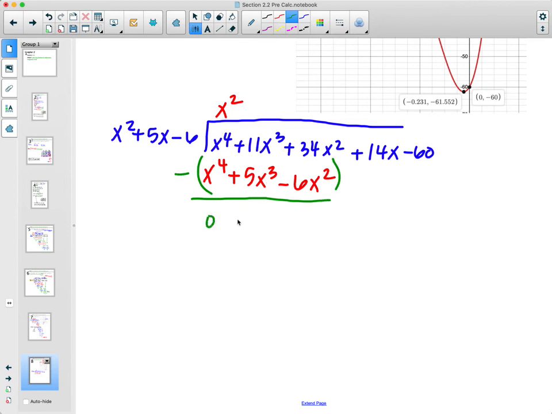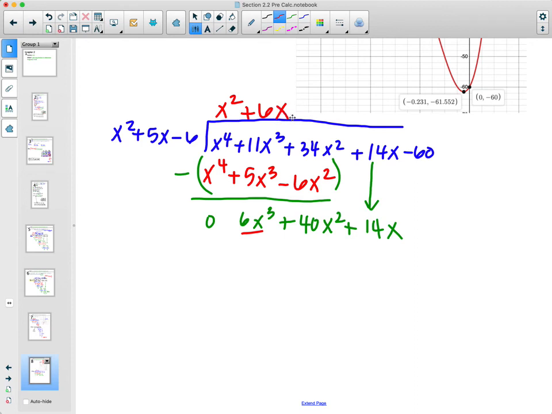11x cubed minus 5x cubed is 6x cubed. 34x squared minus negative 6x squared is plus 40x squared. And then bring down the 14x. Start over. So what times x squared gives you 6x cubed?